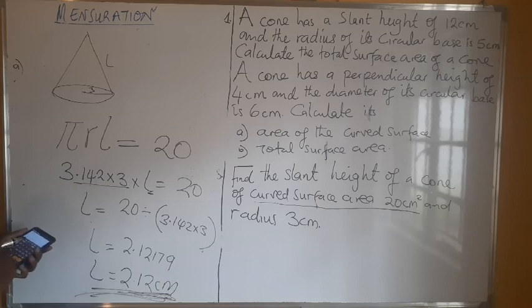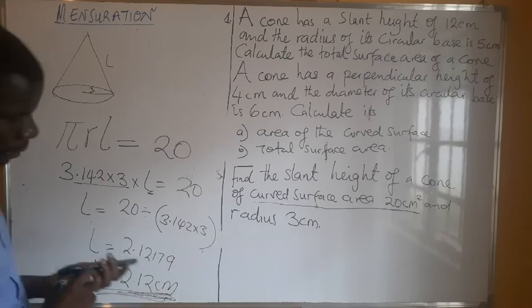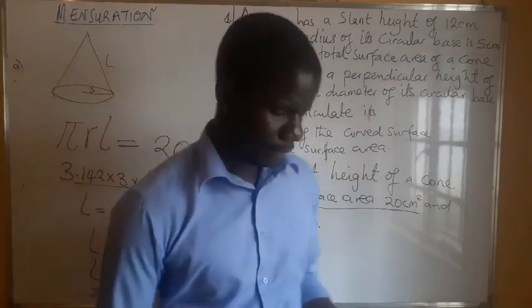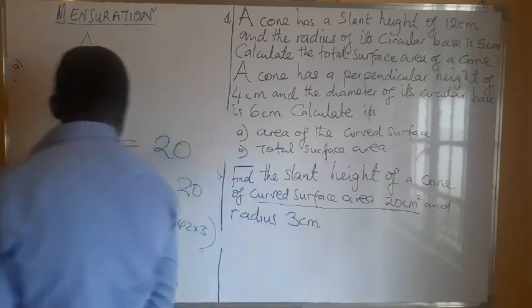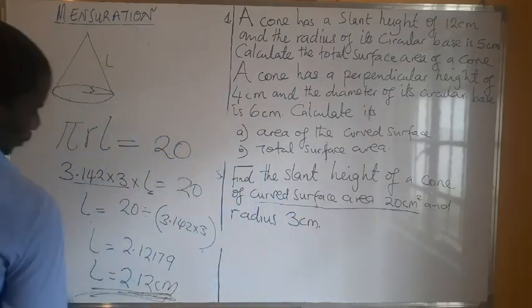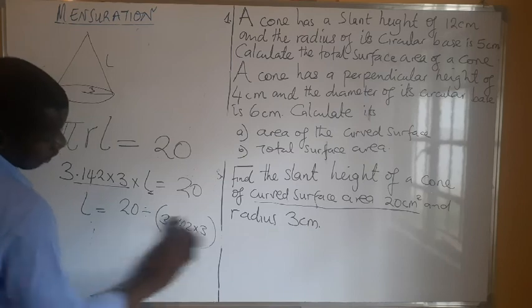We're getting 19.9, which is rounded to the whole number 20. So this is what we are supposed to have.